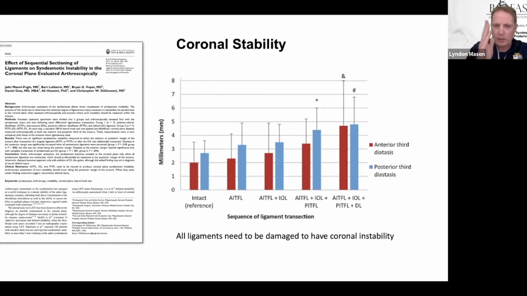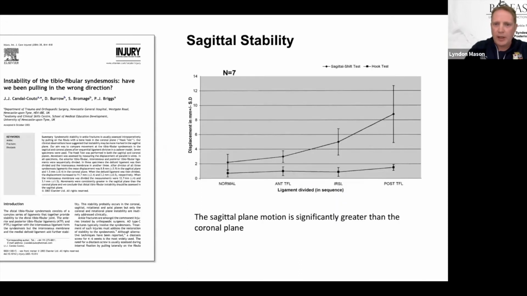Coronal stability is the translation. We'll come back to that when we're talking about the hook test and the external rotation test later on. Sagittal stability, you don't need much in the way of ligament injury to have sagittal instability. And sagittal instability is from back to front, so the movement of the fibula from back to front.